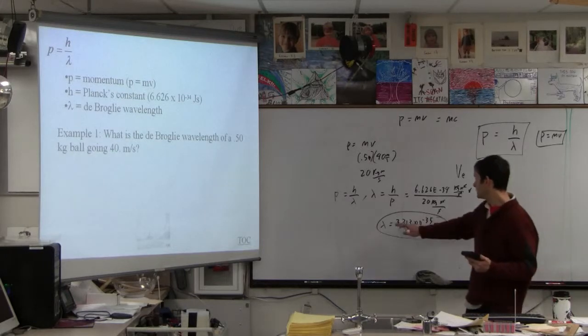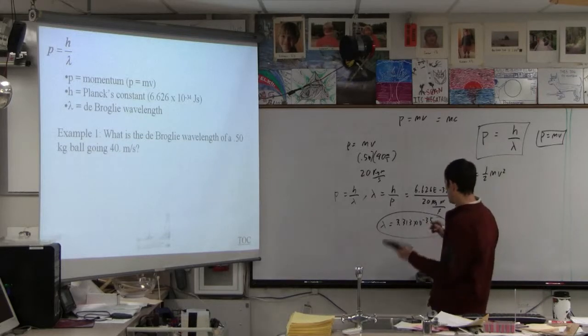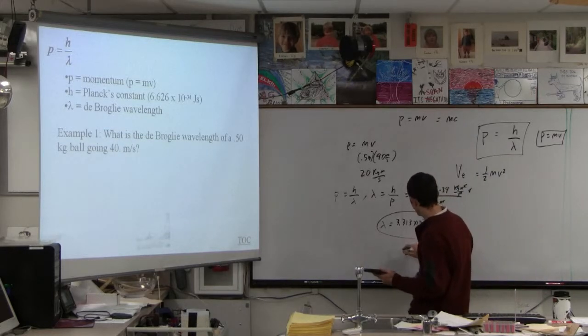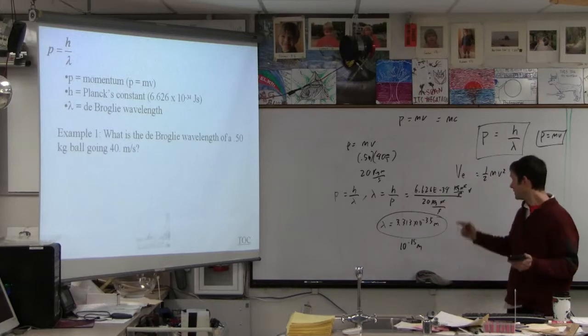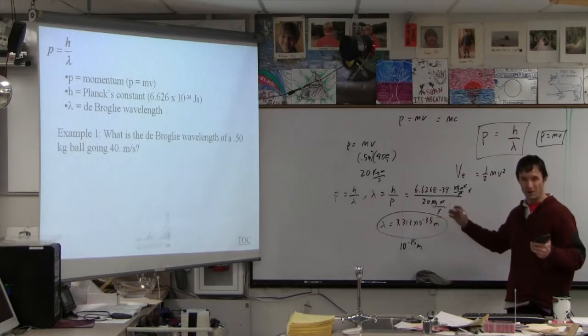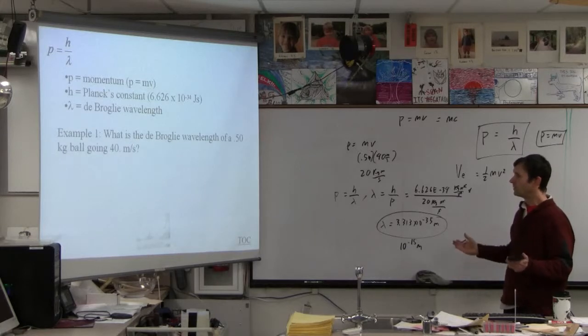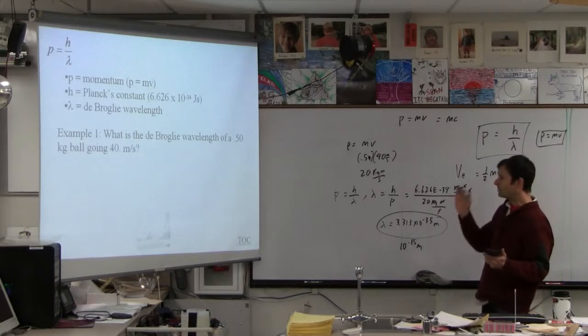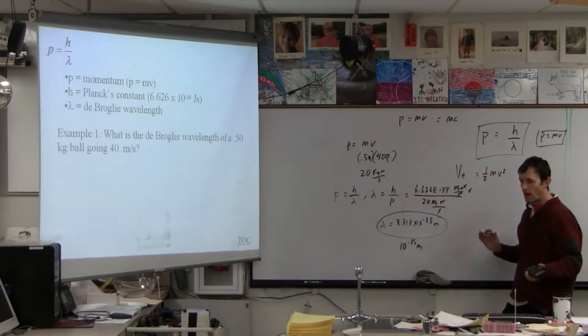Now, the point of this is that this is basically a length that doesn't exist. The nucleus, which is the smallest thing we can maybe even picture, is 10 to the minus 15th meters. Atoms are 10 to the minus 10th. And so if you were going to observe this ball, this 1 pound mass going roughly 90 miles per hour, if you were going to observe that thing acting as a wave, how would you do it?